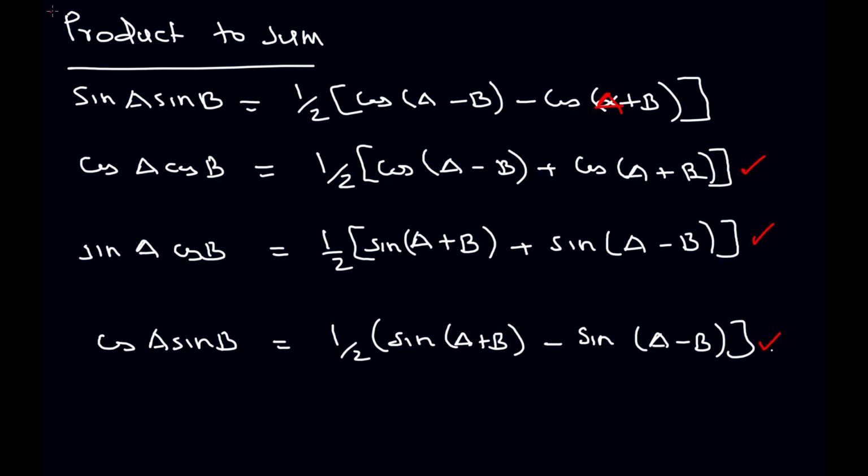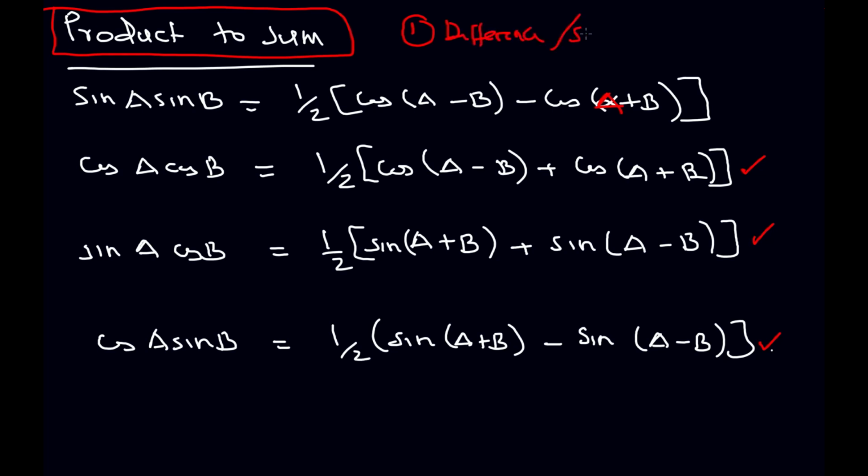So these ones we call product to sum. Right. Let's look at the next one that we call sum to product. So remember, we have to remember the path that we're taking. One is difference, sum.